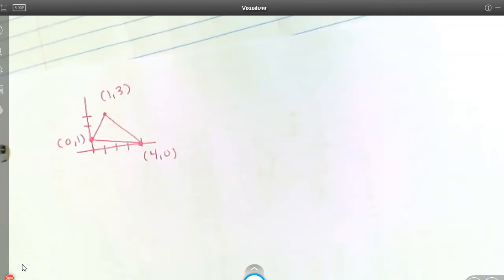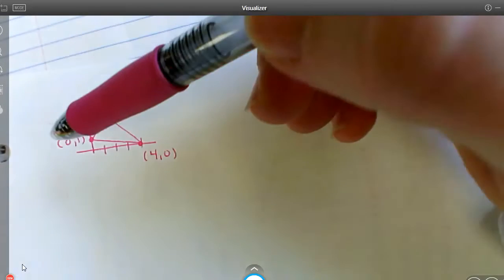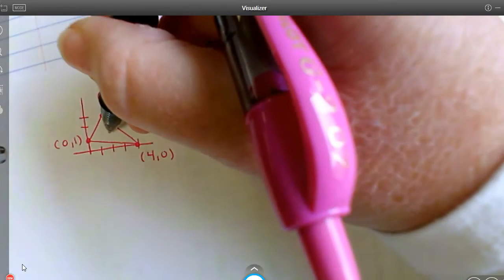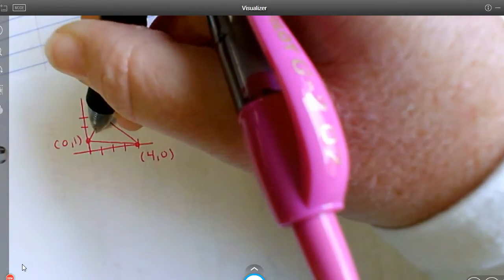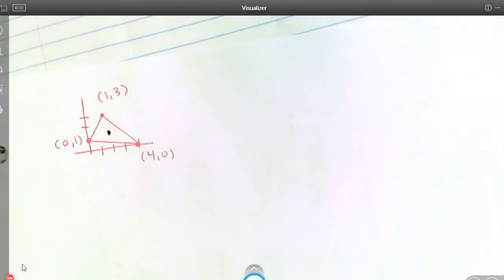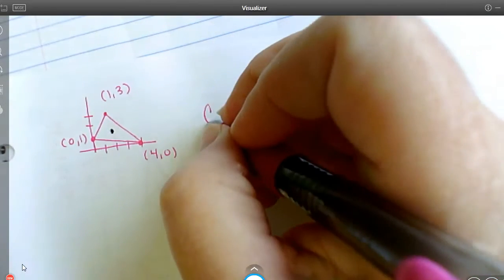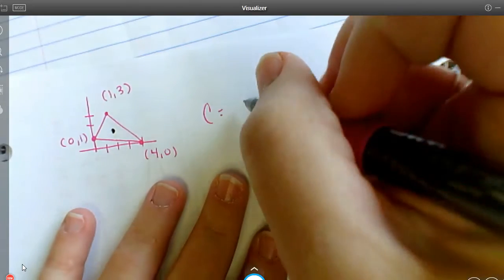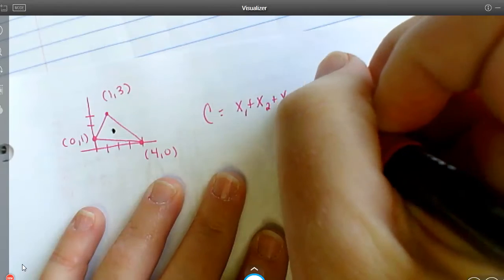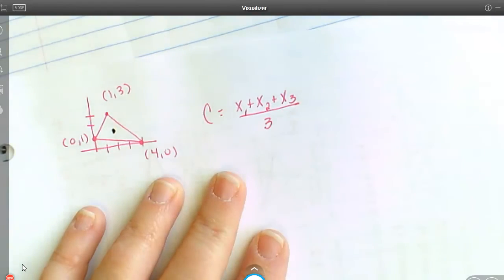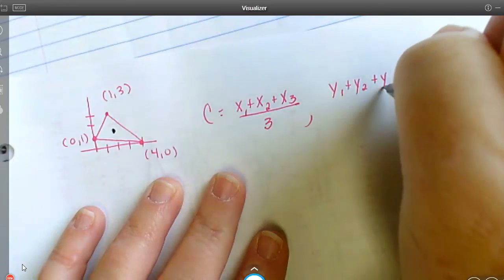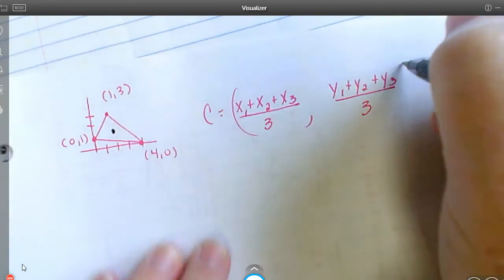The only other thing that they might ask you about a centroid is they might give you points and say, what is the centroid? Like it wants to know, what is that point in the middle, that if I draw all those medians they would intersect, so what is that actual value? What you do to actually find it is you take all of the x's and average them, and then you take all of the y's and average them.